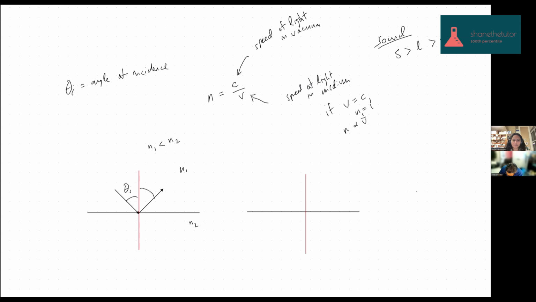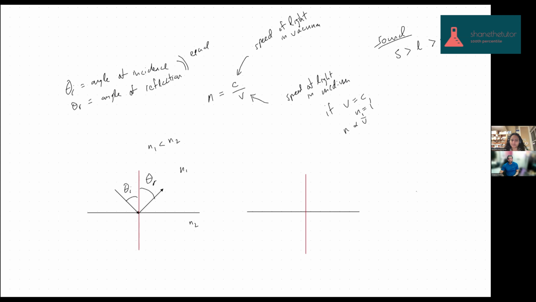So it can go towards the normal or away from the normal, or it can go at the same angle. What do you think it would be? Would the refracted ray that goes into N2 bend towards the normal, away from the normal, or be the same as the incident?